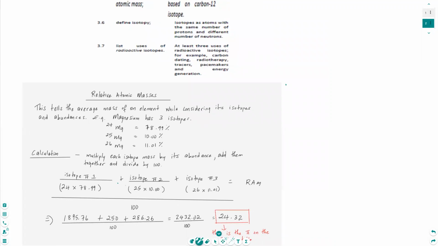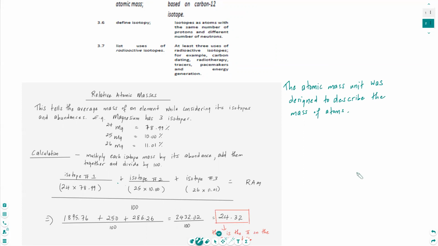So the atomic mass unit was designed to describe the mass of atoms. Right?